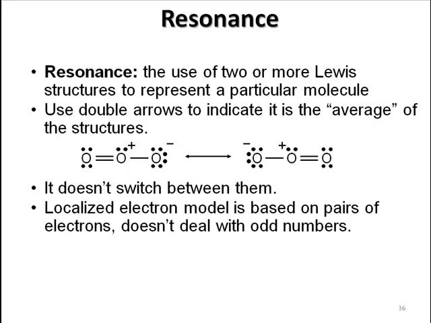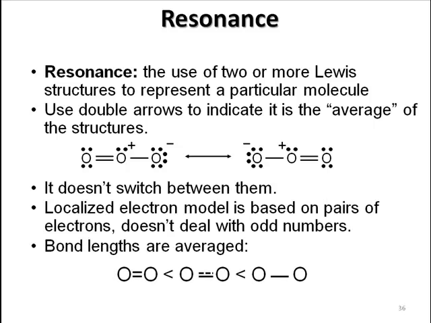Now, the localized electron model is based on pairs of electrons, and it doesn't deal with odd numbers. So the bond lengths are averaged. So here we've got a double bond is less distance, single bond is more distance, and this here is called a 1.5 bond. It's an average. It's got a single line and a dotted upper line showing it's in between.